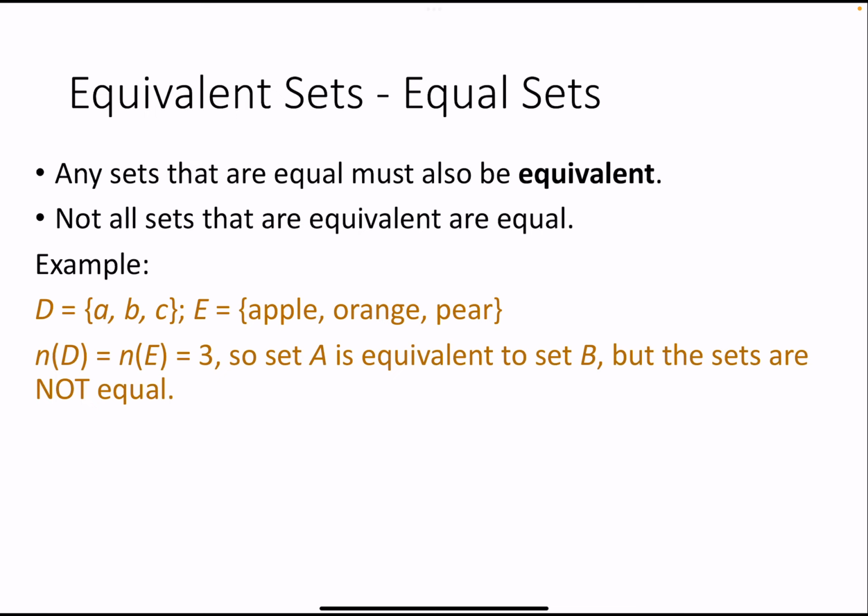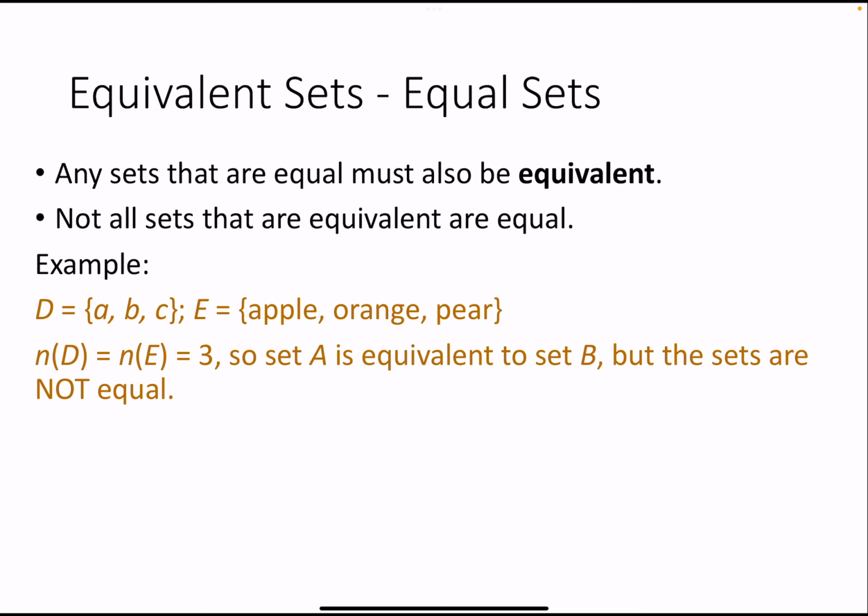So let's look at these two examples here. D is a set of a, b, c, three letters. And E is a set of apple, orange, pear. Because both sets have only three elements, sets D and E are equivalent. However, set D clearly is not equal to set E. They talk about different objects.